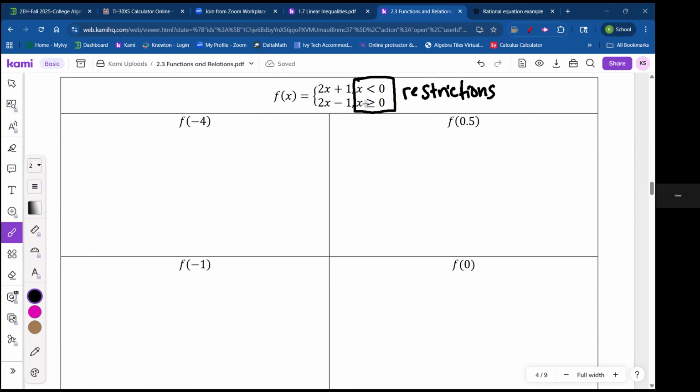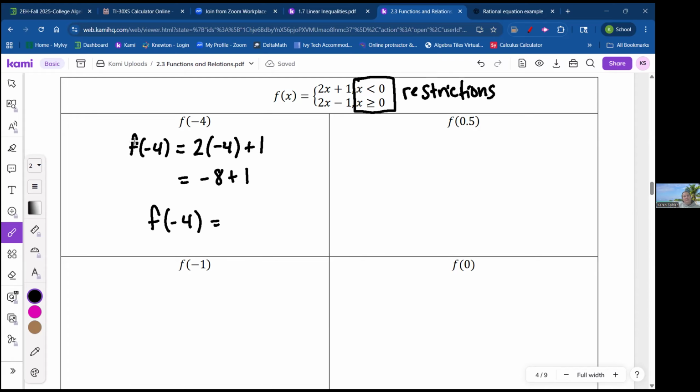Thank you for answering. All right, it's less than. So because it is less than, we use the top equation. So f of -4 fits into 2x plus 1. So we're going to go 2 times -4 plus 1. So -8 plus 1. So f of -4 is equal to -7.